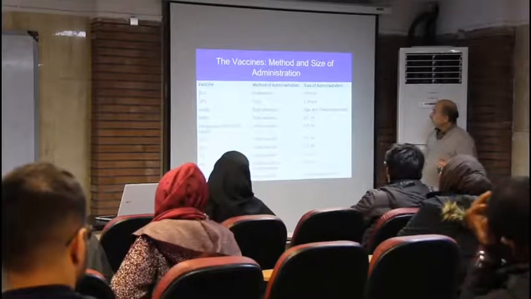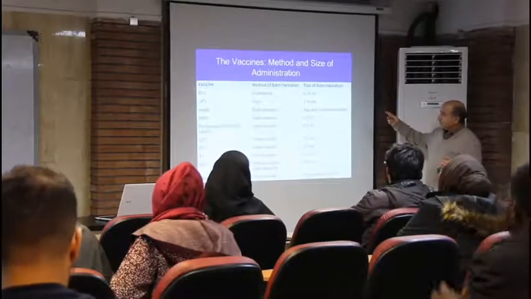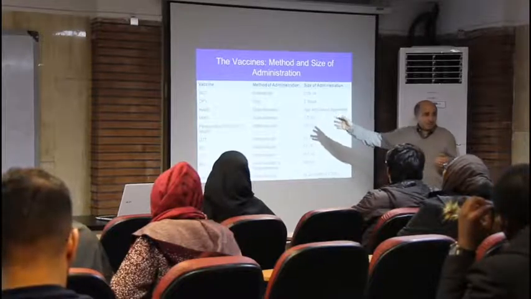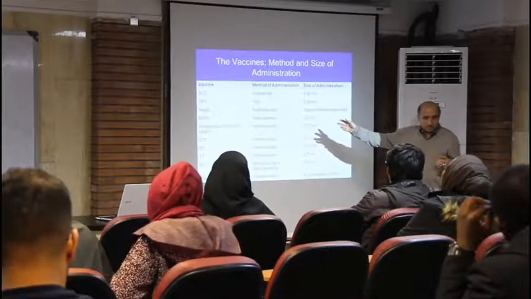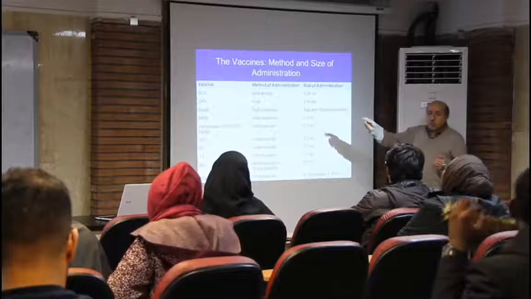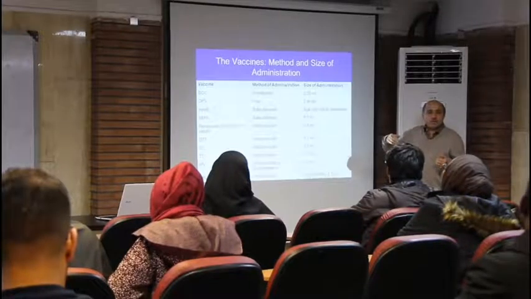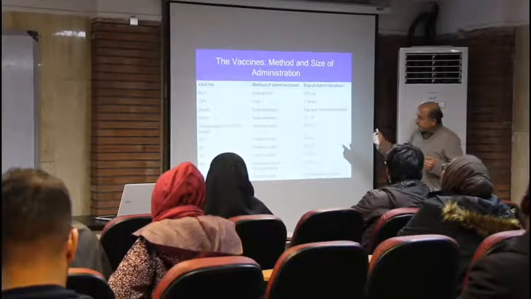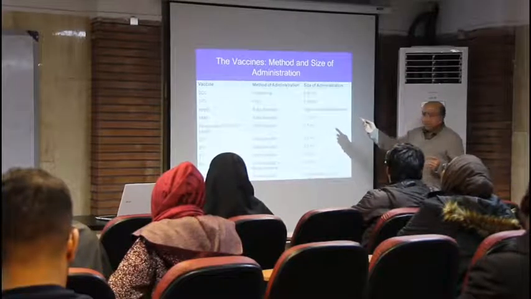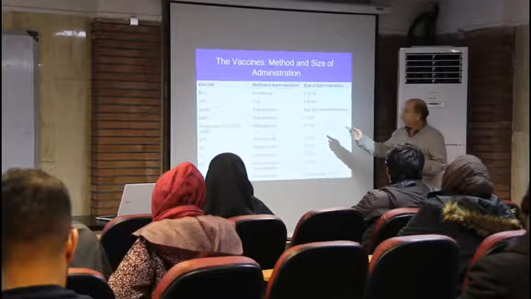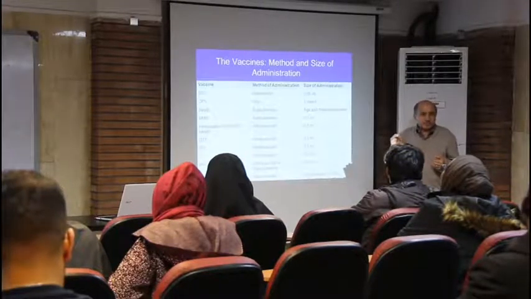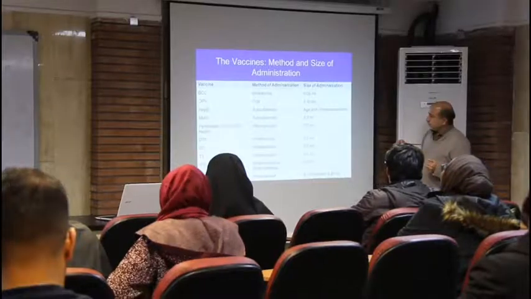And the size of administration is 0.05 ml. For OPV, oral poliomyelitis vaccine, we have oral administration, so only 2 drops are sufficient.